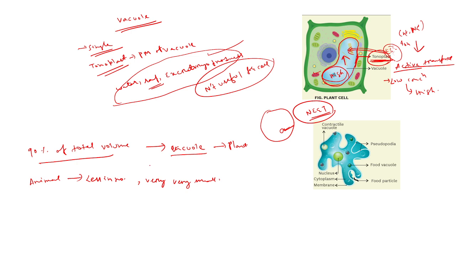So now, vacuoles are mainly of two types. One is called the food vacuole and another is called the contractile vacuole. So what is the food vacuole?